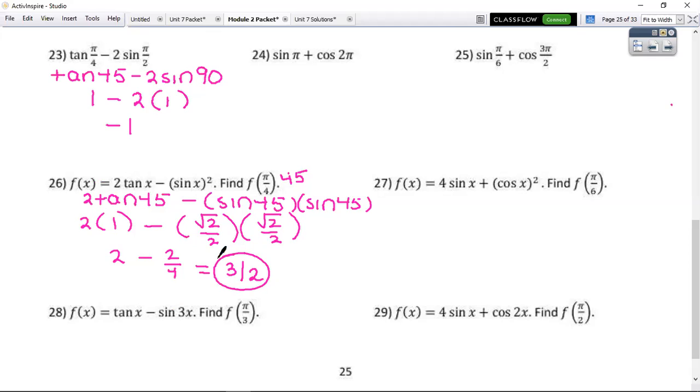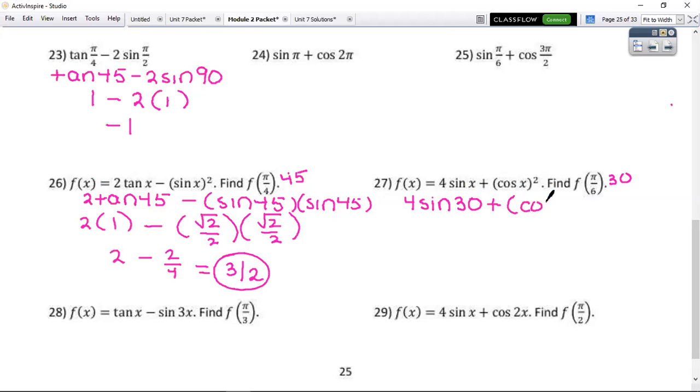I'm thinking where you have a little bit of space. So I guess I'll do 27 then. So 27, I'm going to sub in pi over 6. So 180 over 6 is equivalent to 30. So I do 4 times the sine of 30 plus cos of 30, cos of 30.